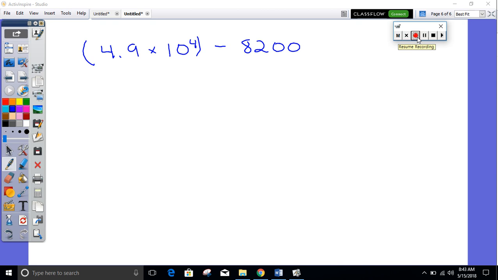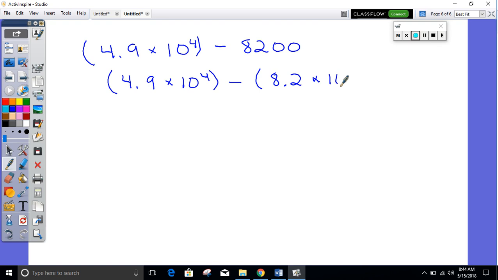Okay, Jake? Oh, wait, you already have it written. Never mind. Yeah, so I kept the first expression the same, and then I converted 8,200 to 8.2 times 10 to the third power.